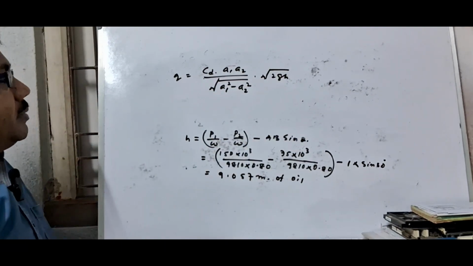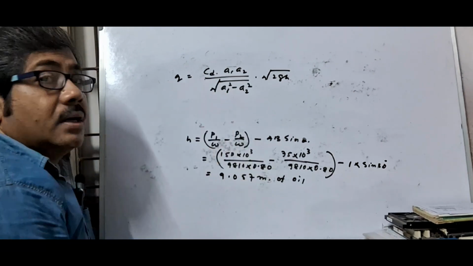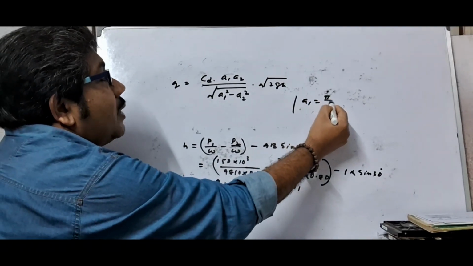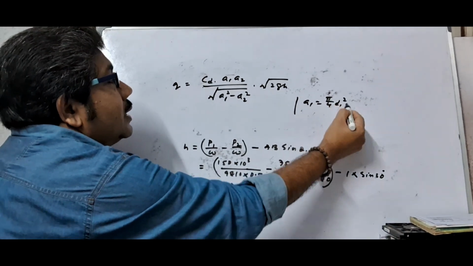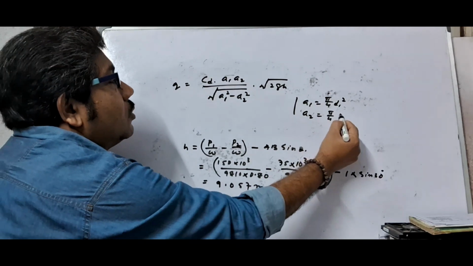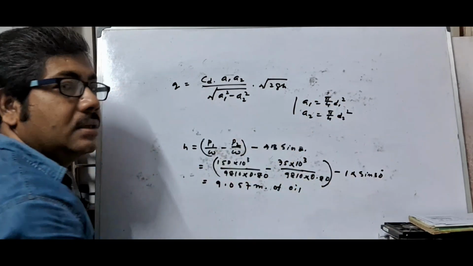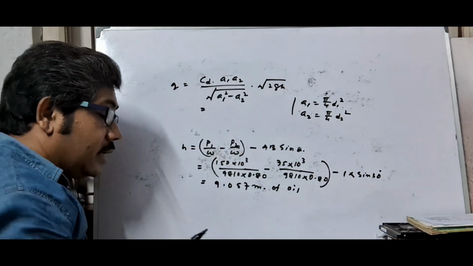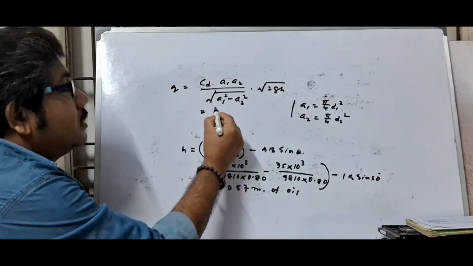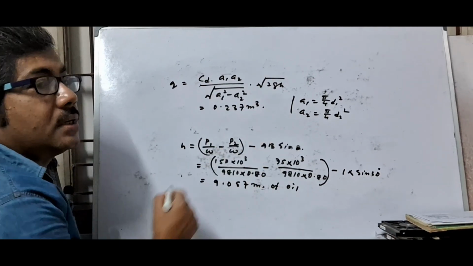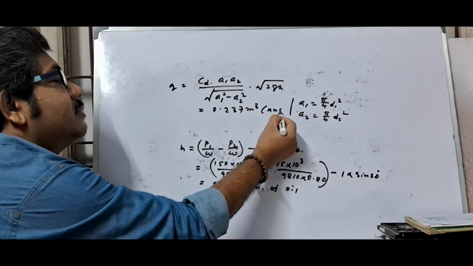Similarly, we have to calculate area A1, which is pi by 4 D1 square, and A2, which is pi by 4 D2 square. And putting these values, the answer will be 0.237 meter cube, and this will be the answer.